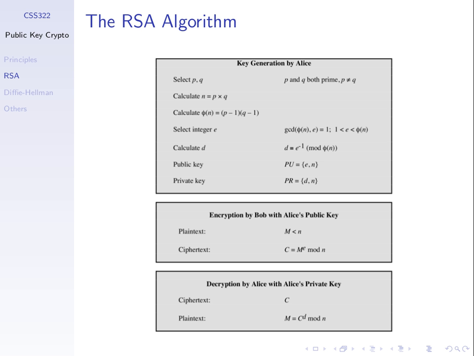To find M, let's look at the equations that we have. We know the equation C equals M to the power of E mod N. So here's an equation. What are the knowns in this equation?